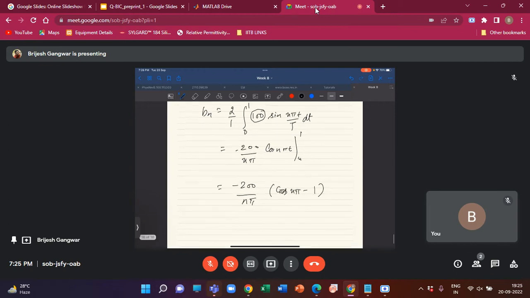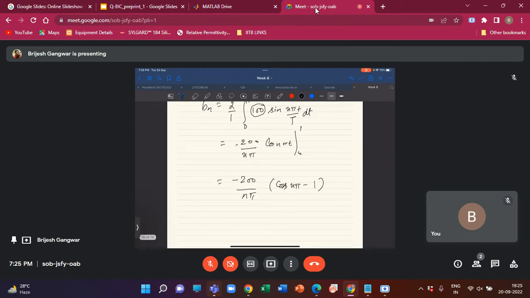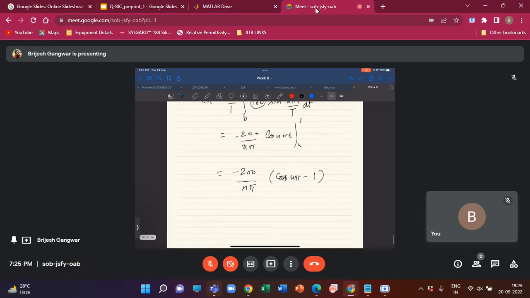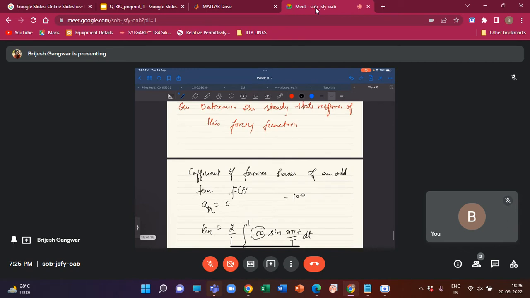Okay, so this is our base. So this is the spring, and this spring is connected, and the spring constant is 100 Newton per meter.